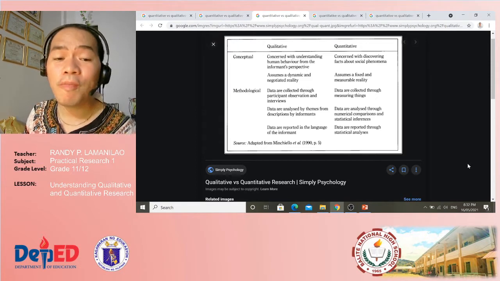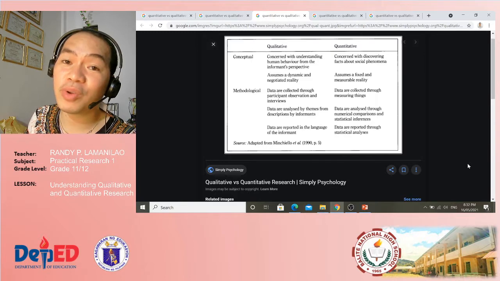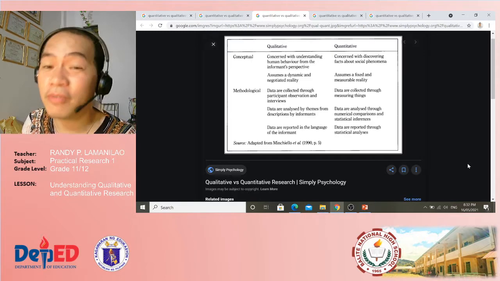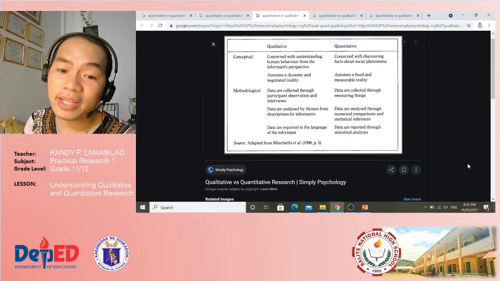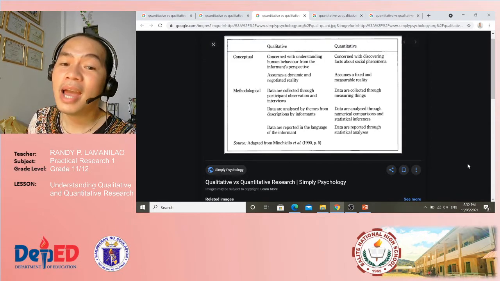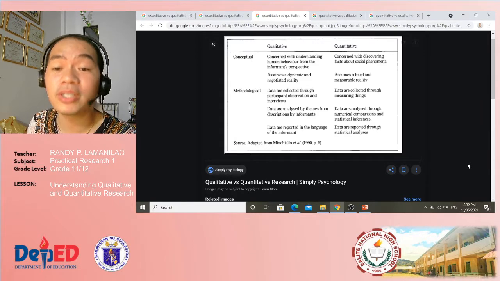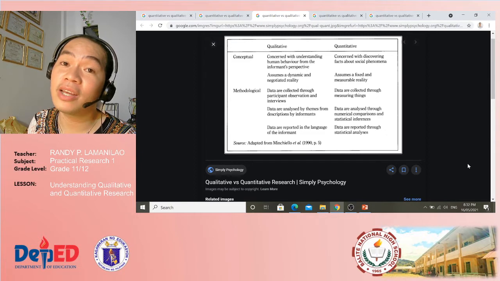Okay? Yung methods naman, data are collected through participant observation and interviews. Interview, observation, yun yung quali, okay? And data are analyzed by themes from descriptions by informants. Paano naman yung quantitative? Kapag quantitative naman, data are collected through measuring things and data are analyzed through numbers, comparisons, and statistical inferences.